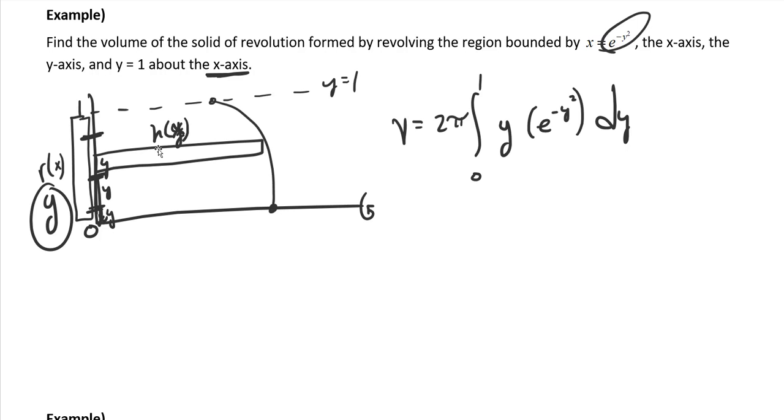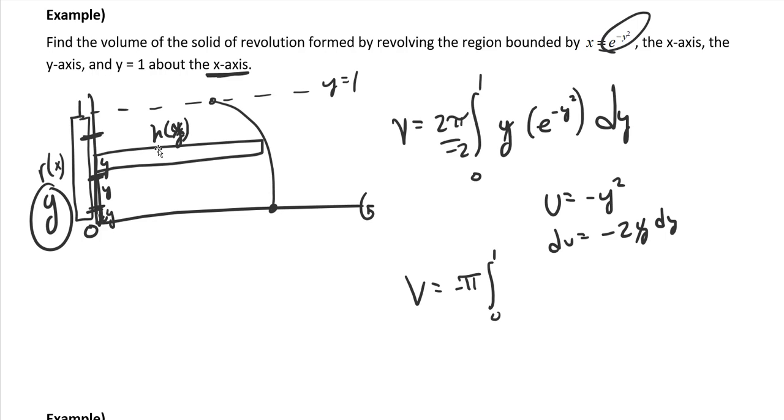And you can solve this by u substitution and say u is equal to negative y squared, and then du is equal to negative 2y dy, and you could then cancel out that, bring out the negative 2, right? So you would get the volume is equal to negative pi times, actually, I'm going to take away the 0 to 1 because I didn't change the bounds, of e to the u du.